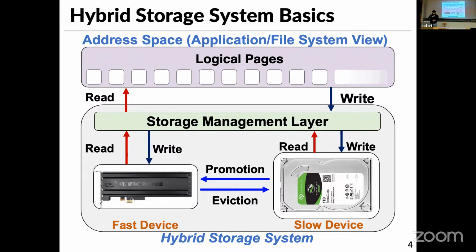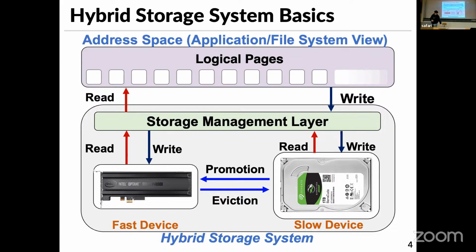And then for a write request, it decides to which device it's going to write, and for a read request, it decides whether to do a promotion or an eviction.